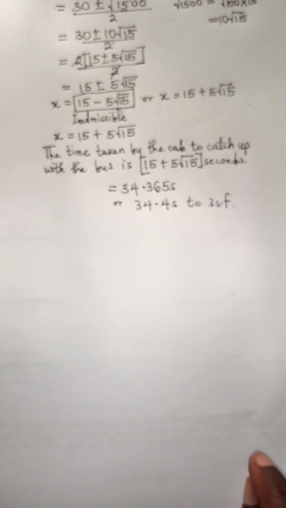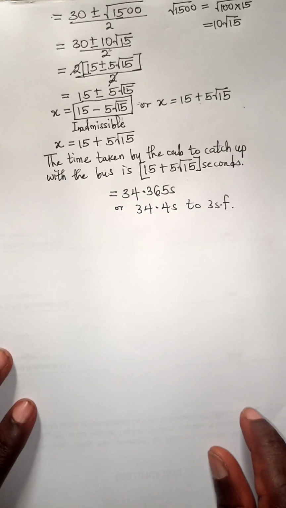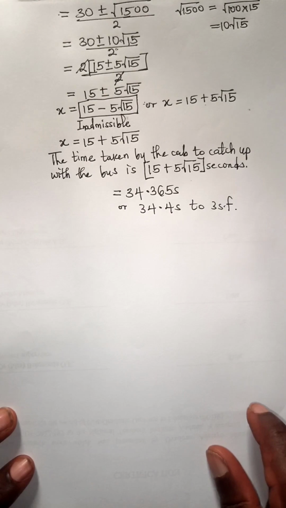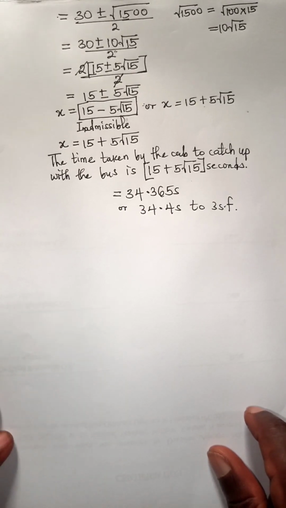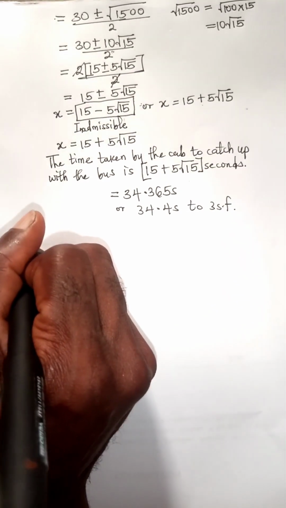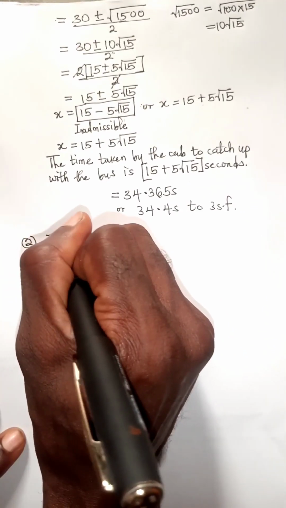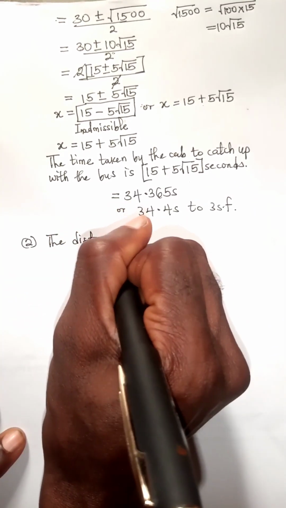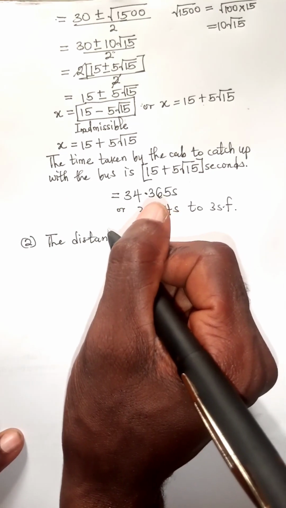The second part of the question asks us to find the distance traveled by the cab in order to catch up with the bus. So to find this distance in the second part, we can make use of any of the equations that we already have.